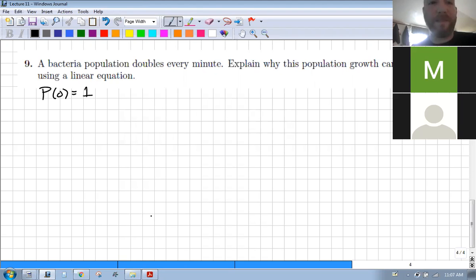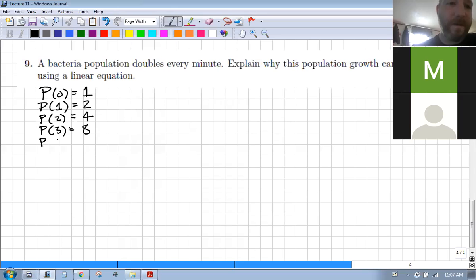So let's say at time 0, we have a 1. So at time 1 minute, we double that. At 2 minutes, we double that. At 3 minutes, we double that. 4 minutes, we double that, and so on, right?